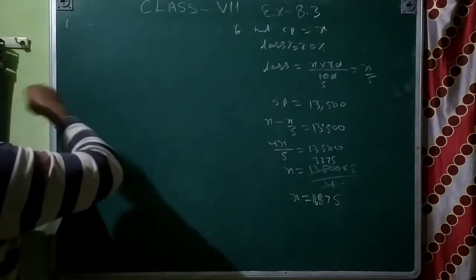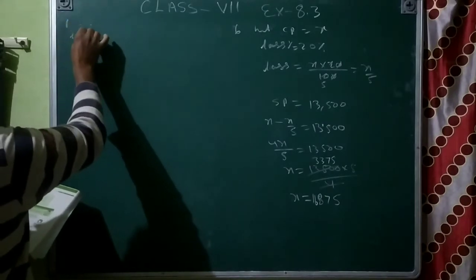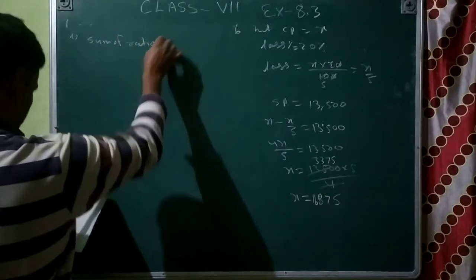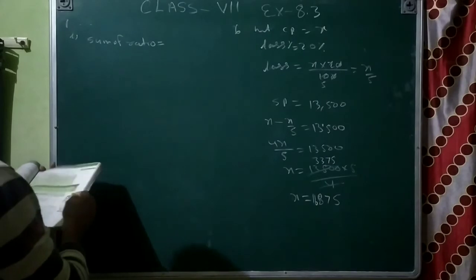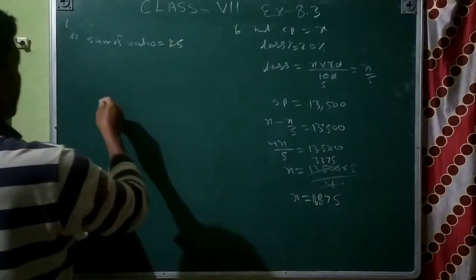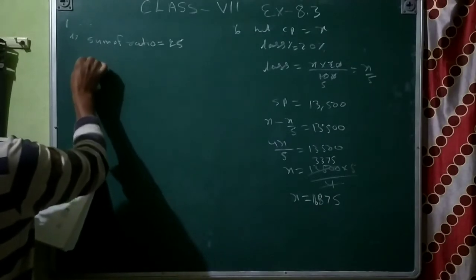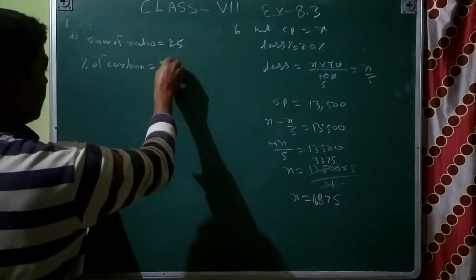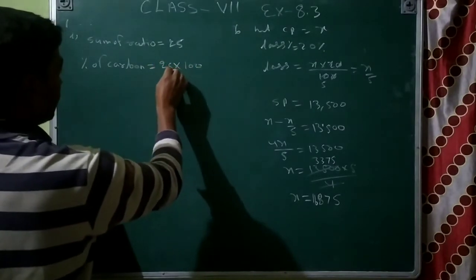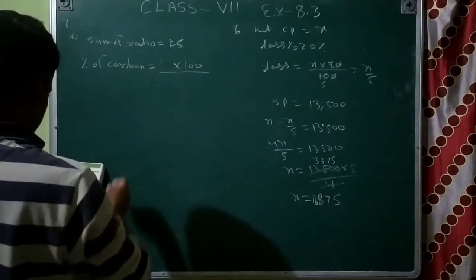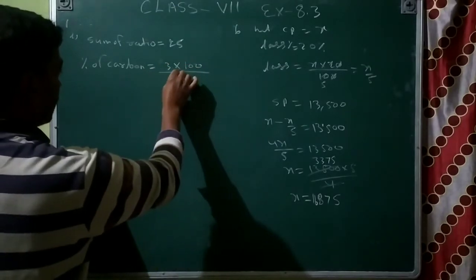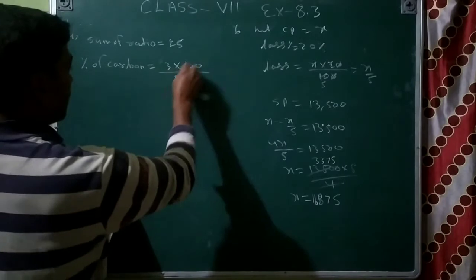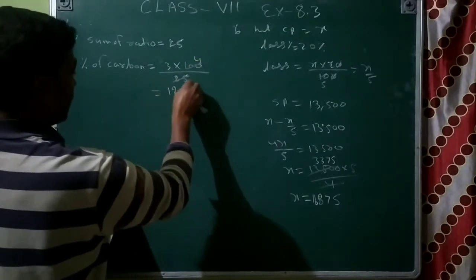So first solution, sum of ratio is equal to 10 plus 12 plus 3, that is 25, and then percentage of carbon is equal to, no sorry, carbon percentage is 3 upon 25. So 25 4s are 100, that is 12%.